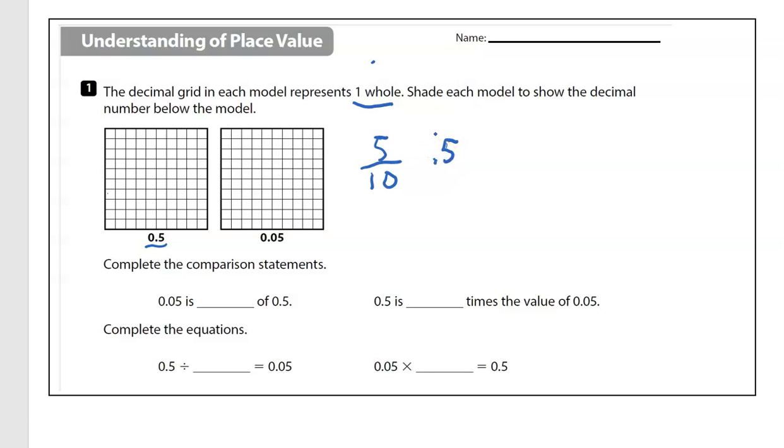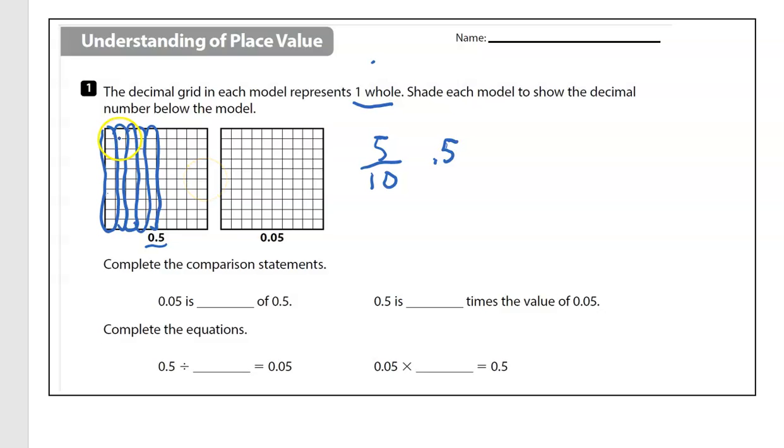So when you look up here, 5/10 would mean we'd have to break up this whole into just 10 parts, and you could do that by circling each one of these columns. There would be 1 part, 2, 3, 4, 5. And I could keep circling, and we would see that there would be 10 columns of 10.